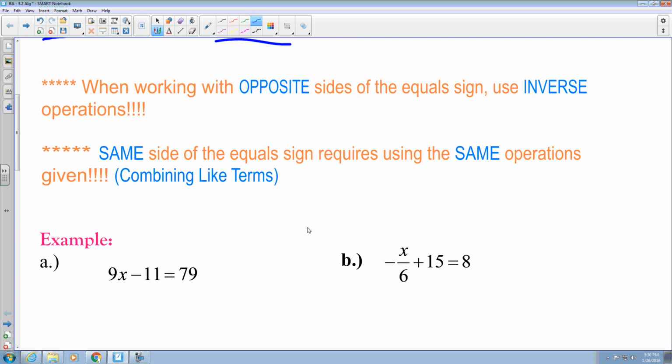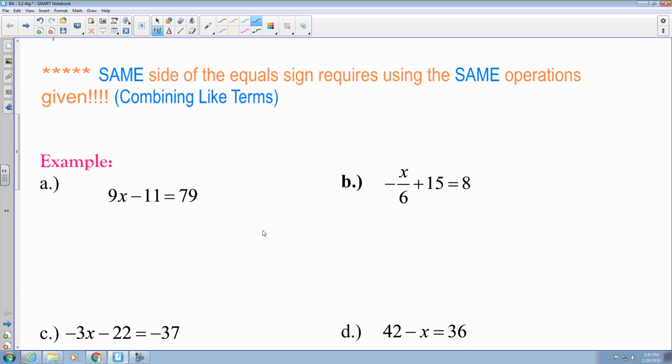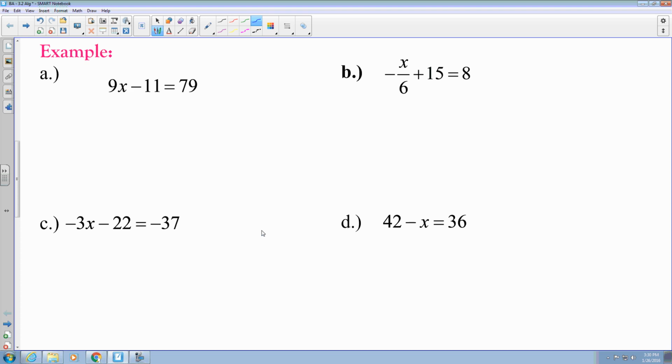The same side of the equal sign requires using the same operation given, so you're going to be combining like terms whenever necessary.